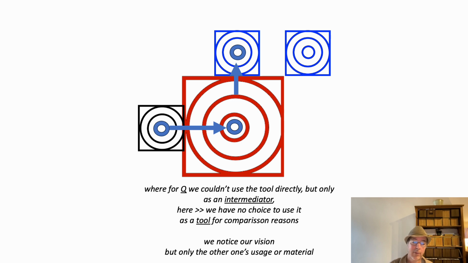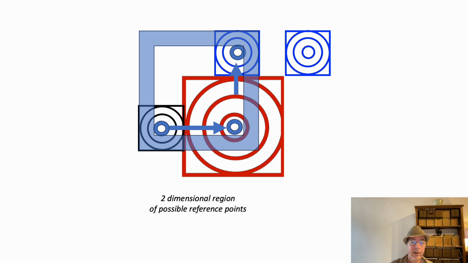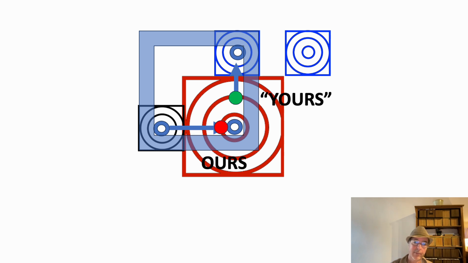We notice only our own vision, but we know someone else is using the same material or is digging from the same material. In a two-dimensional region, we know that there should exist some reference points, and I will tell you which reference points these are. Some part of it will be ours, and another part will be yours.